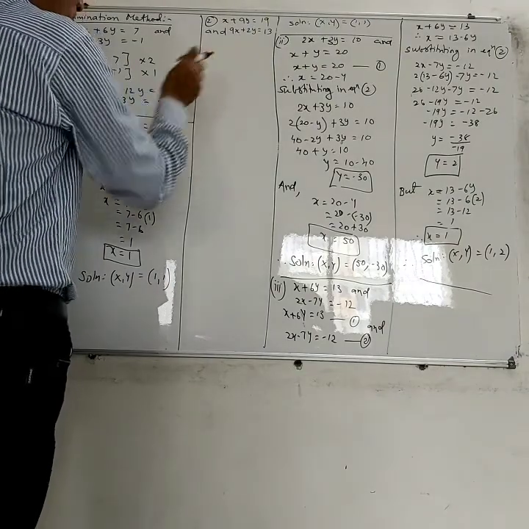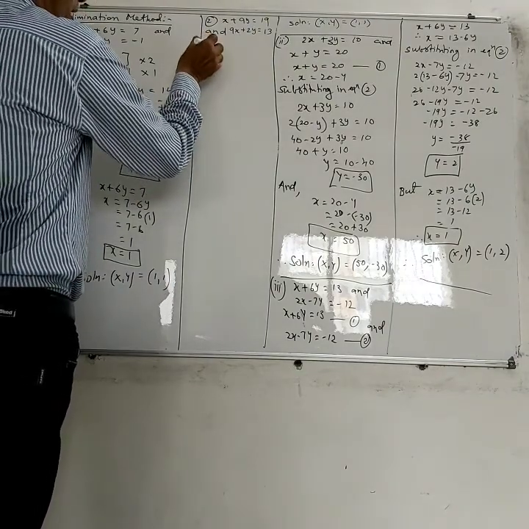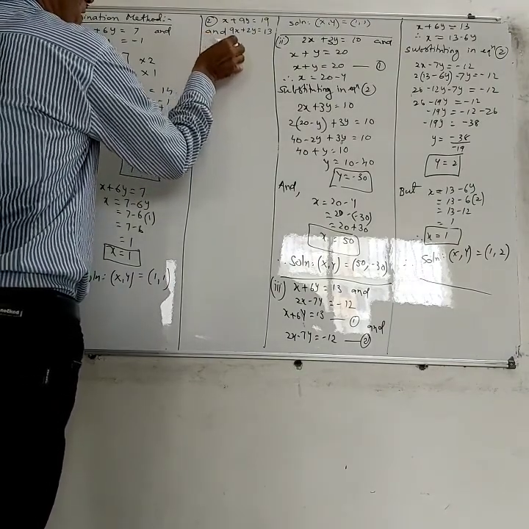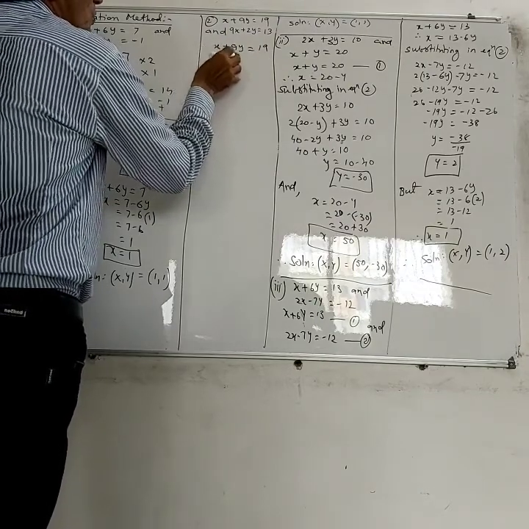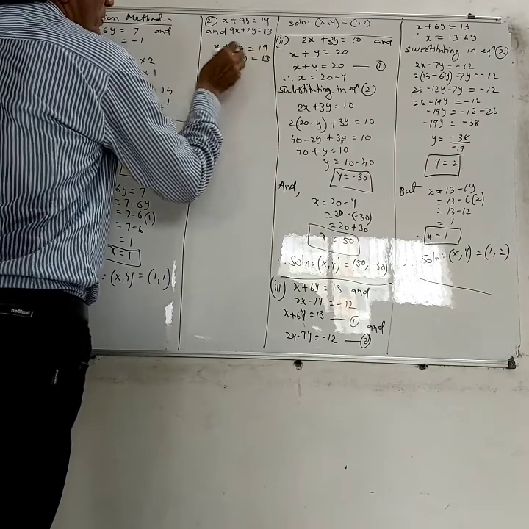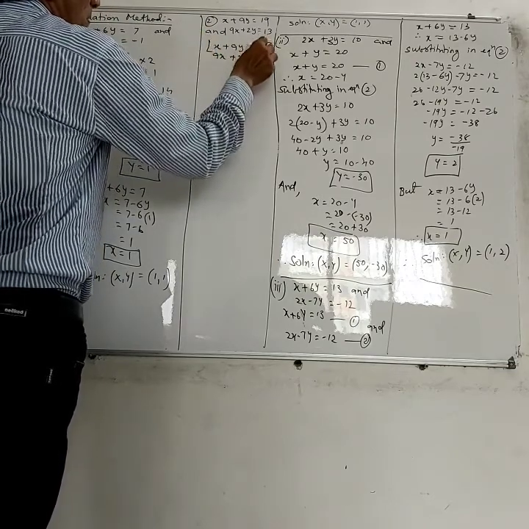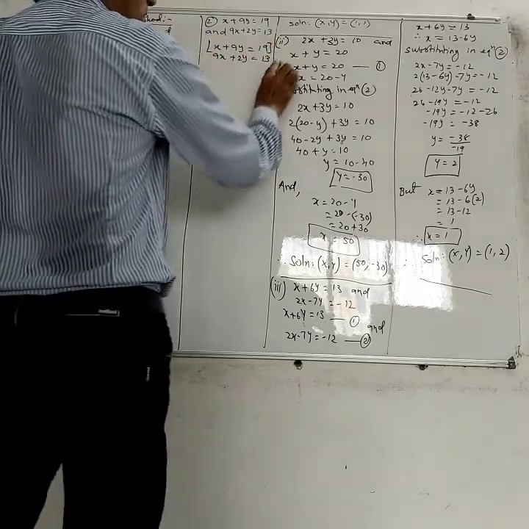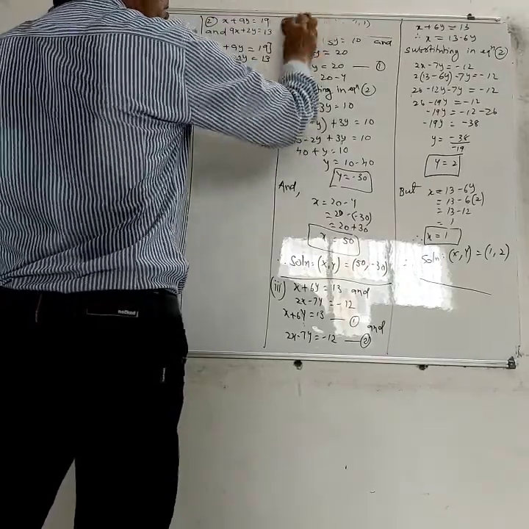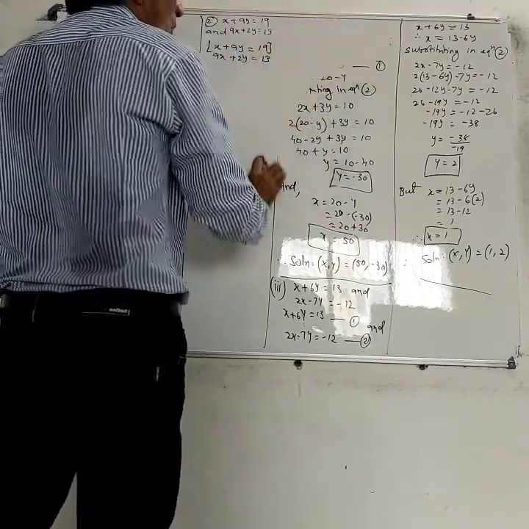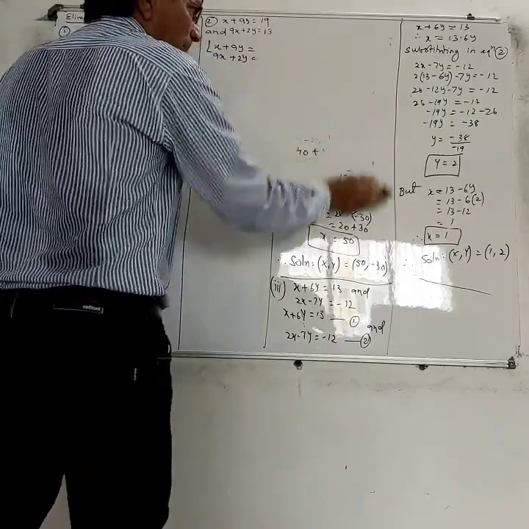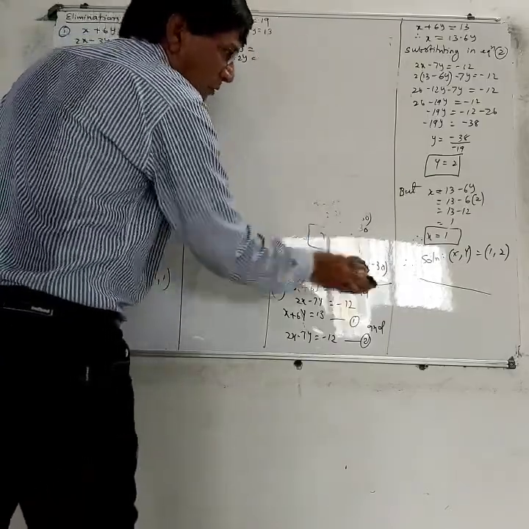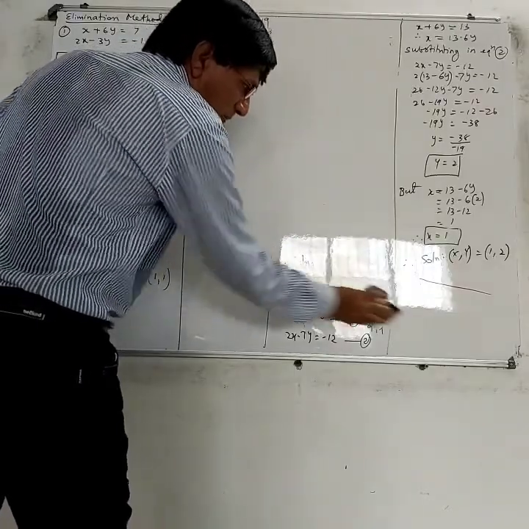Alright, now I want to solve this by elimination method. So I get x plus 9y is equal to 19 and 9x plus 2y is equal to 13. Now obviously you will have to multiply this by a number to make x equal or make y equal. So let us suppose I want to make x equal. If I want to make x equal, I will have to multiply the first equation by 9.